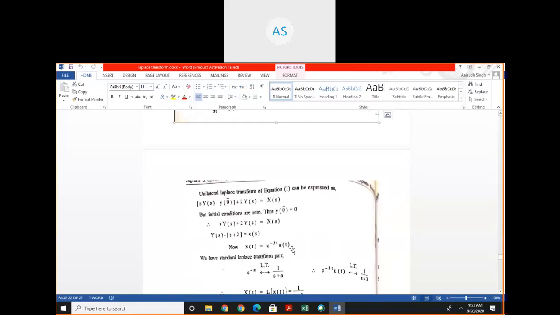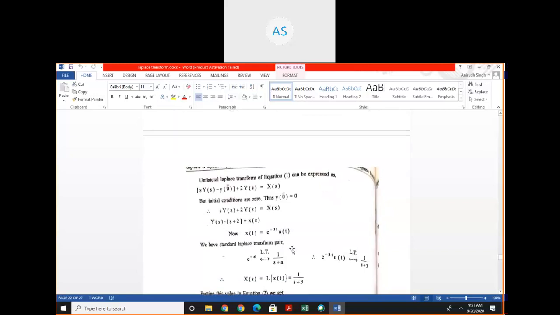This is the differential equation, and taking the Laplace transform, we get s multiplied by y of s minus y of 0, this is the initial condition, plus 2y of s is equal to x of s. Since the initial conditions are 0, we get this expression.